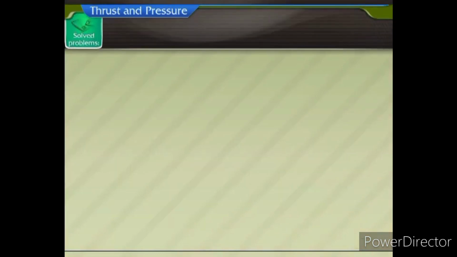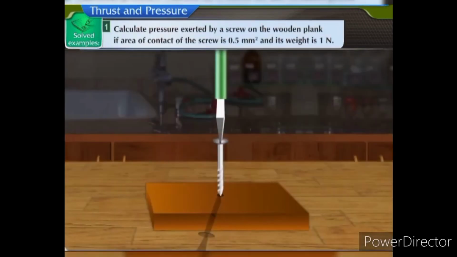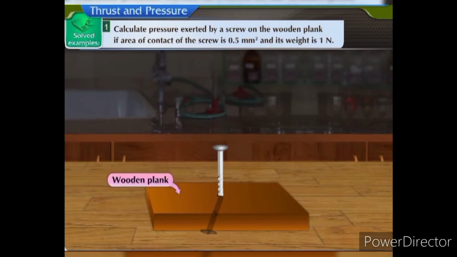Now, let us solve some problems based on pressure. Solved examples. 1. Calculate the pressure exerted by a screw on the wooden plank if the area of contact of the screw is 0.5 millimeter square and its weight is 1 Newton. Solution.